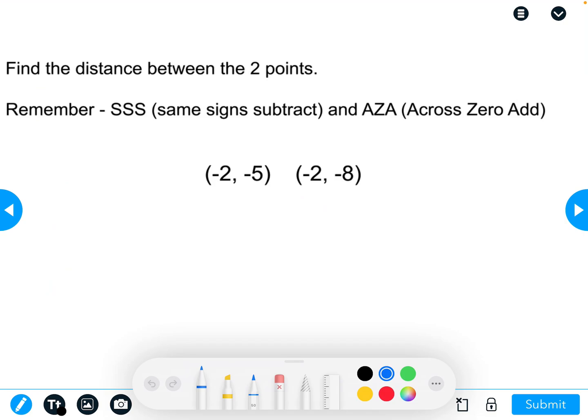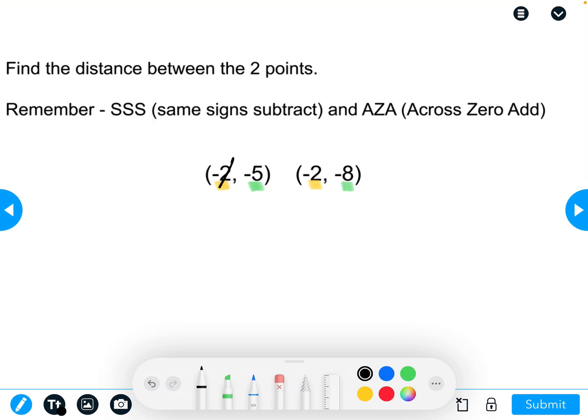Okay, let's go to this one. Find the distance between the 2 points. So remember SSS, same sign subtract, or AZA, across 0 add. The first thing we're looking for, though, are coordinates that match. So we're going to look at the X coordinates. I have a negative 2 and a negative 2. And the Y coordinates, I have a negative 5 and a negative 8.